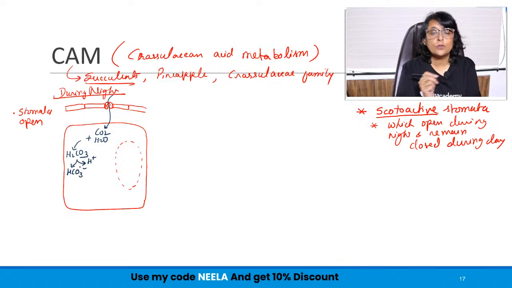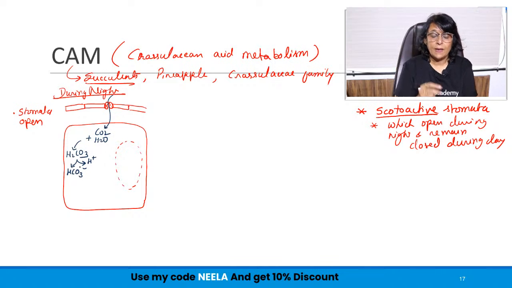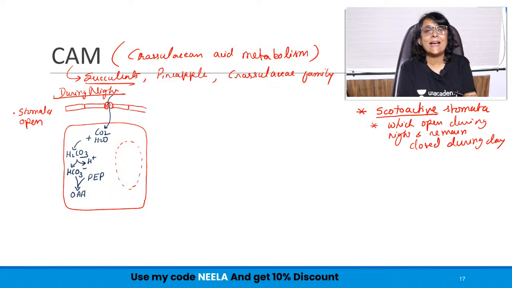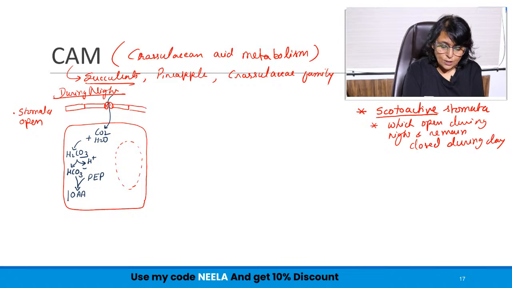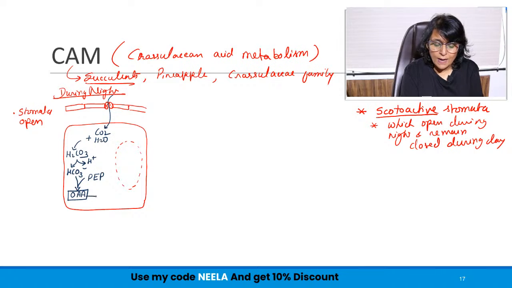This part we talked about when we were talking of C4 cycle. This bicarbonate ion is accepted by phosphoenol pyruvate, which is a 3-carbon compound, and oxaloacetic acid is synthesized. A C4 compound is synthesized. Now this oxaloacetic acid is converted into malic acid.